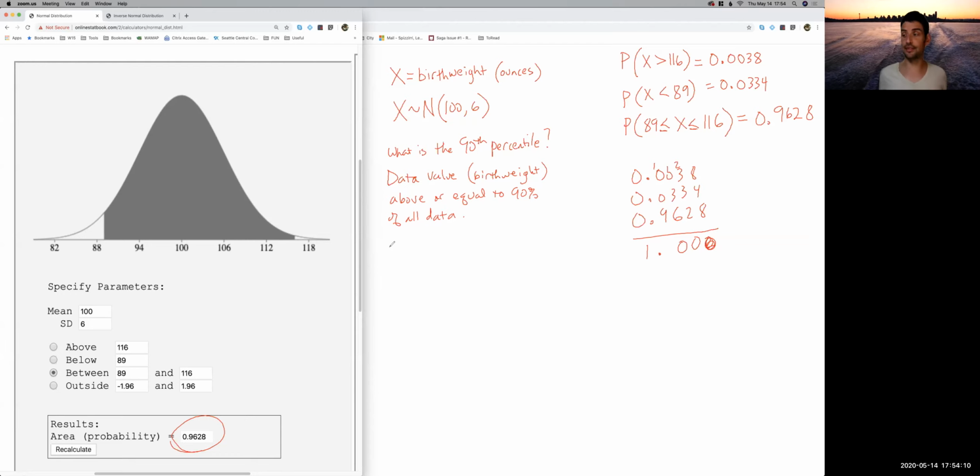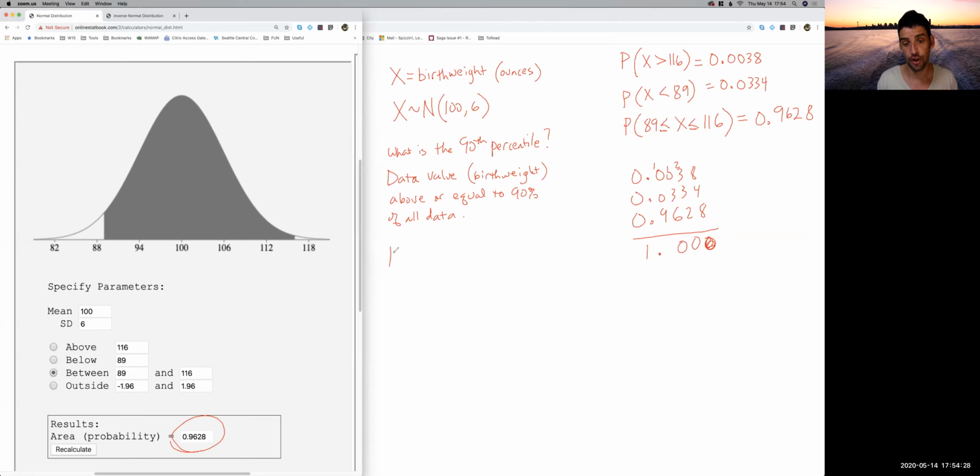What that really means is we're looking for the value so that being at or below that value is a 90% probability, right? 9 times out of 10, babies will be at or below that value. So that means that weight is at or above 90% of all values.